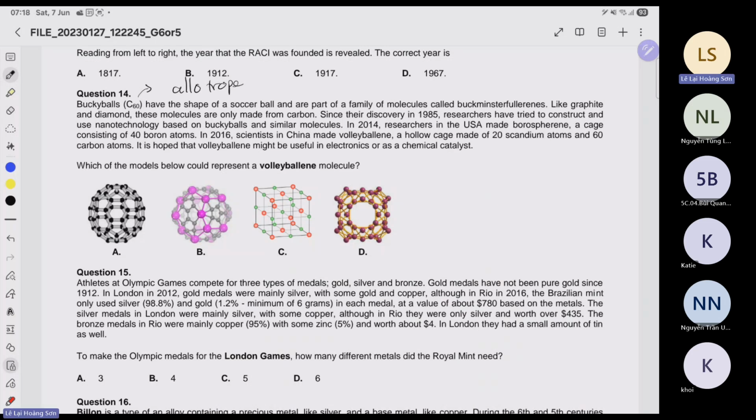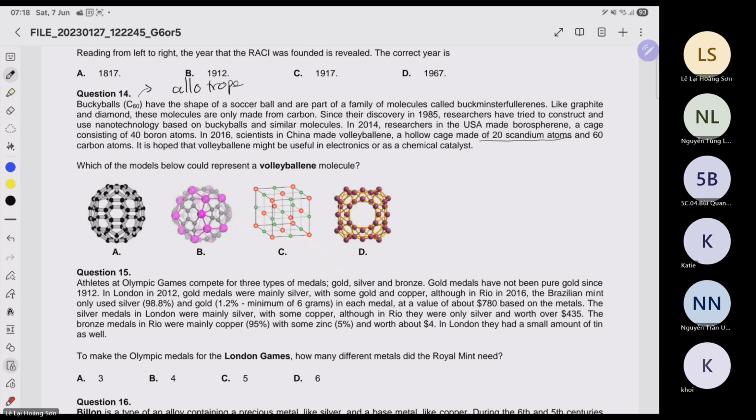All right, which one could represent the volleyball here? Okay, in 2016, we discovered a new hollow cage made up of 20 scandium atoms and 60 carbon atoms. It is hoped that it can be used in electronics and chemical catalysis.